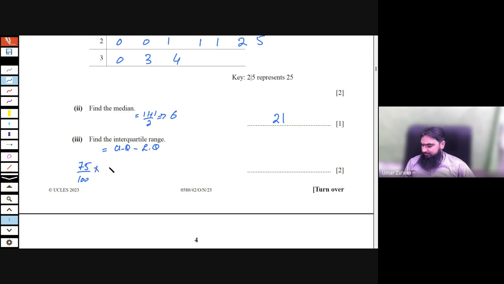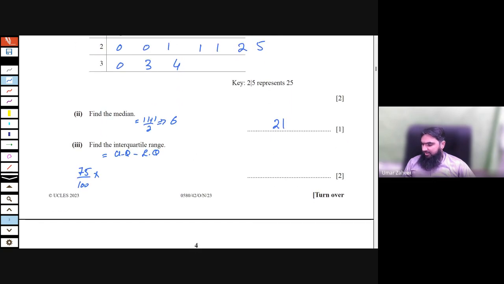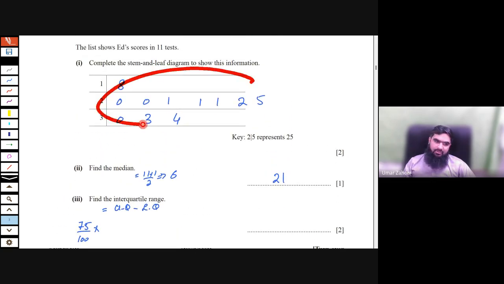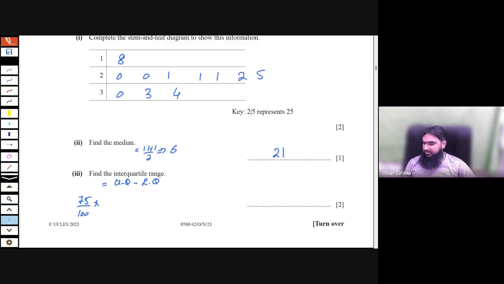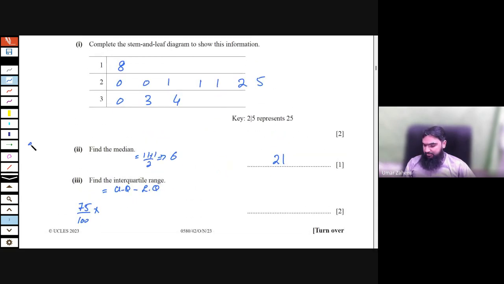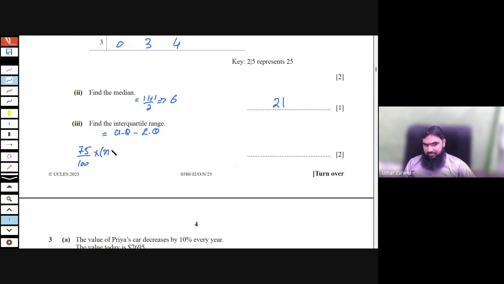Here it is not a cumulative frequency curve, so we are going to use the median formula, n plus 1 divided by 2.